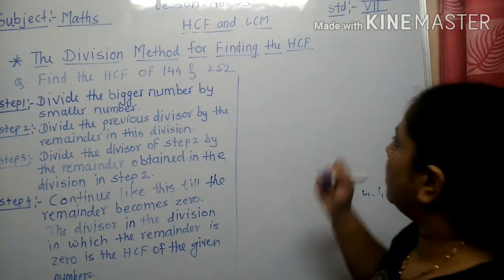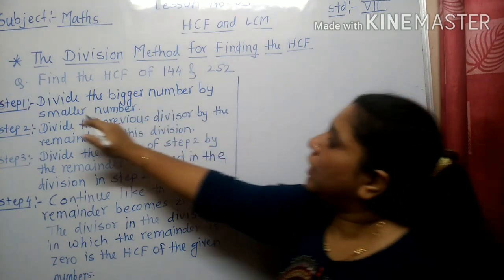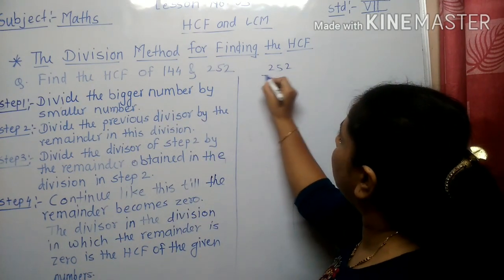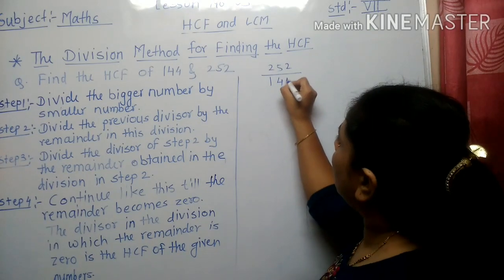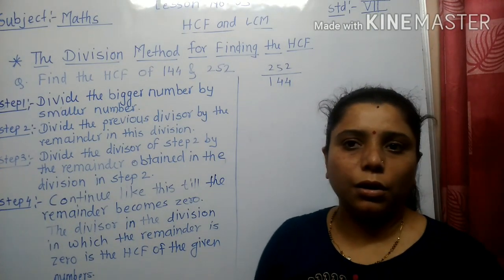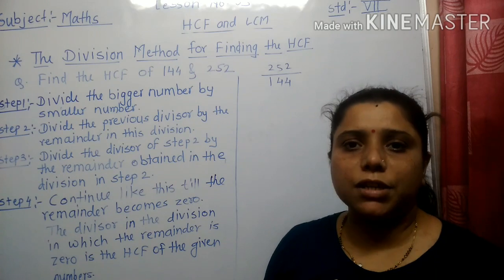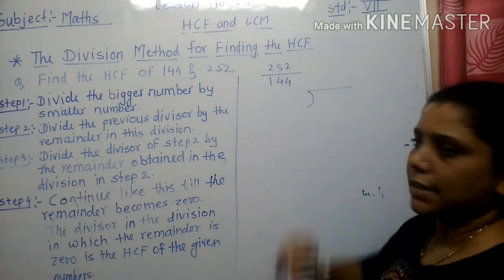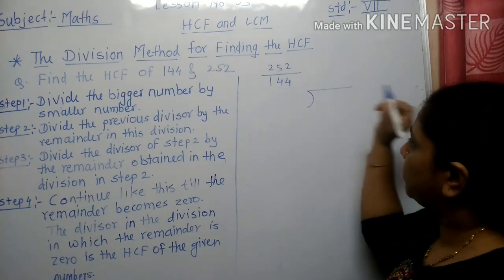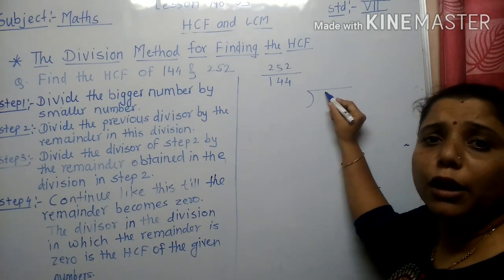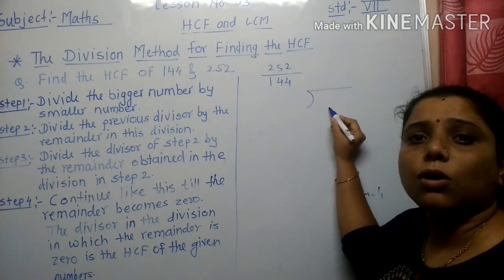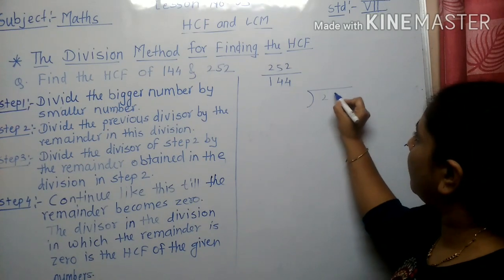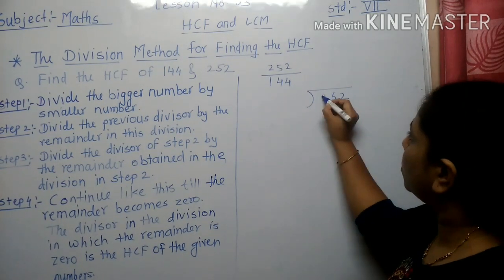Means the first step is you have to divide the bigger number by the smaller number. How to write it with the division method? You put one horizontal line. Whichever number you write below this horizontal line is called the dividend. So here the dividend will be 252.